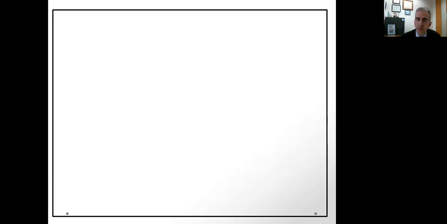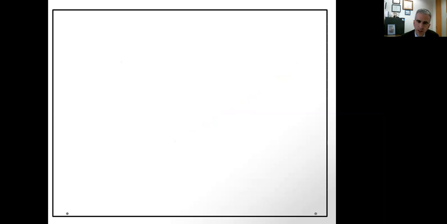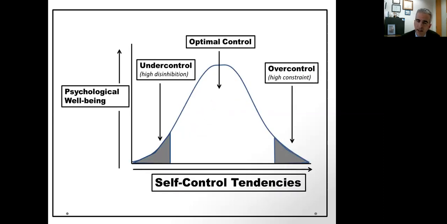So just to say a little bit more about that, we used to think that the relationship between psychological well-being and self-control was a linear one. So the more self-control you had, the better. And individuals that were low in self-control, or under-controlled, or with high disinhibition were the ones that had pathology. But as we think about this more, it may actually be that the relationship is a bell curve, so that in this relationship between psychological well-being and self-control tendencies, the pathology lies in the two extremes.